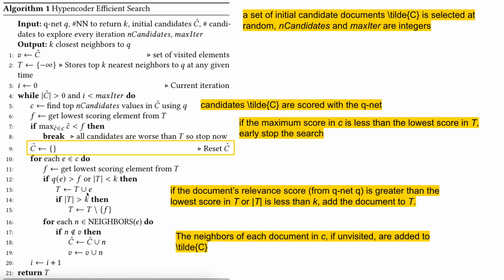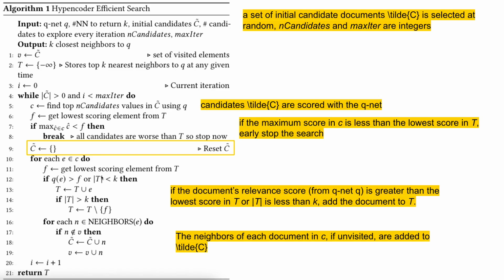So real quick, I think it's interesting to note that this whole decision on whether we want to add this document to our final set of K closest neighbors to Q is based on whatever the lowest scoring element from our last iteration is. And if adding that document makes T get larger than K, then we remove whatever that lowest scoring element was. So yeah, I think this is also an interesting concept.